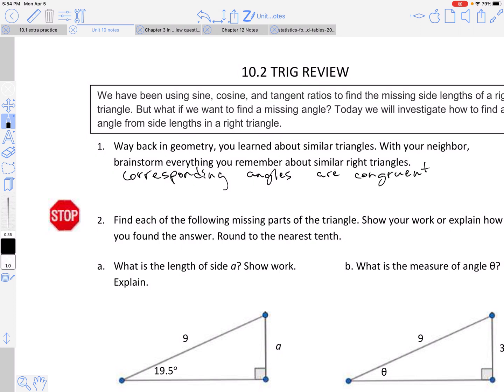So if I tell you that this triangle right here is similar to this triangle right here, that means that if we could match up their corresponding angles, those marks that we put, those are all the same angles. They're the exact same. Even though one triangle looks bigger than the other, they are the exact same angle measurements. And the sides are not the same, obviously, but they are proportional.